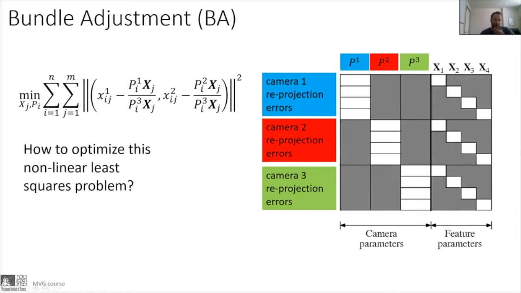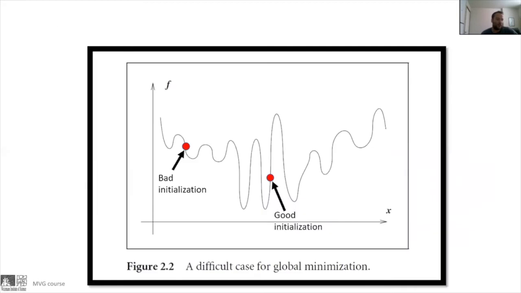All right, so now we will talk a bit about how to solve this optimization problem where we have many cameras. Here we show 3 cameras and many 3D points. We'll discuss how to optimize this nonlinear least squares problem. The first step is to get a good initialization, because we discussed that the problem is not convex.